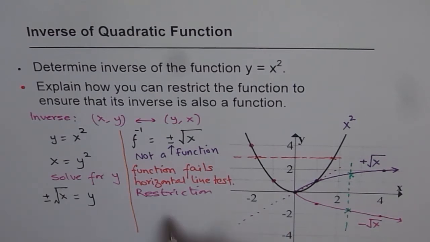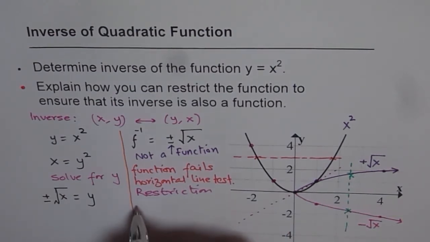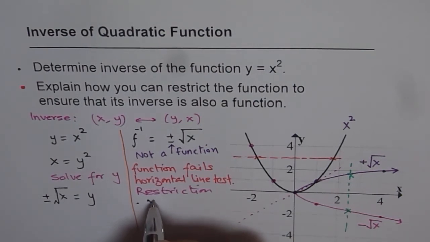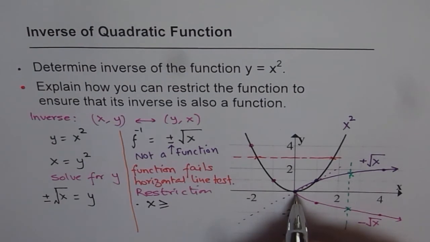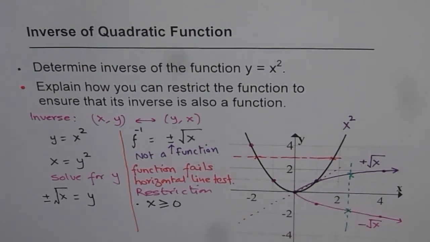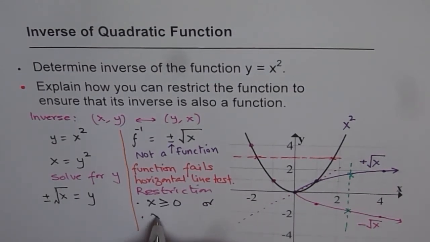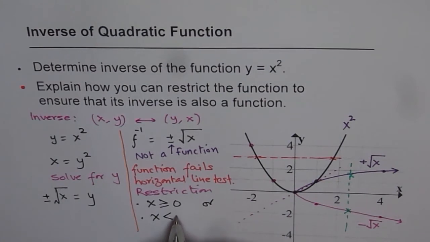There are two ways to do it. One is, we can say x is greater than or equal to the x value at the vertex, which is 0. So x greater than or equal to 0. That is one solution. Or we could say that x is less than 0, or even less than or equal to 0. Either side is good enough.